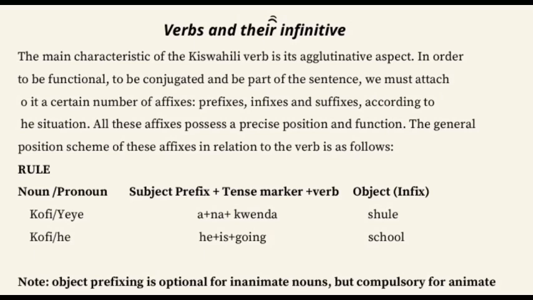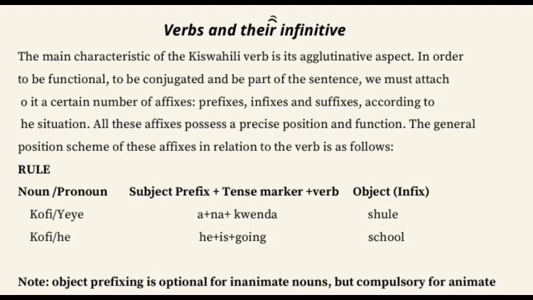So, the rule for forming a sentence in Kiswahili is that you have a prefix, which will be either the pronoun or the noun proper. So it can be mimi in the pre-prefix column or Kofi in the pre-prefix column. Then you have the subject prefix.